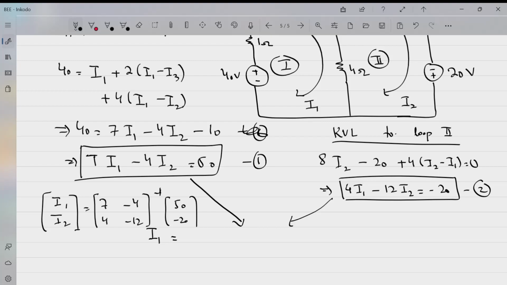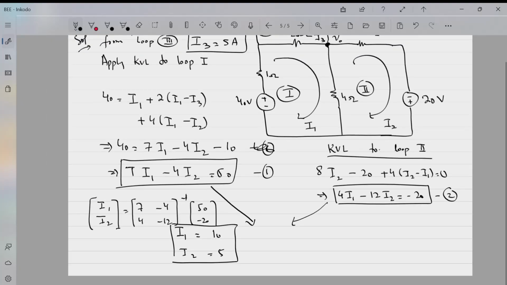I2 is only 5 and I1 is 10. I1 is 10, I2 is 5. ठीक है, तो ये तो हो गया.